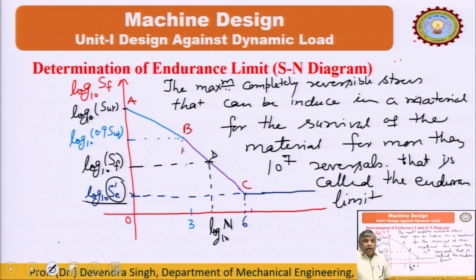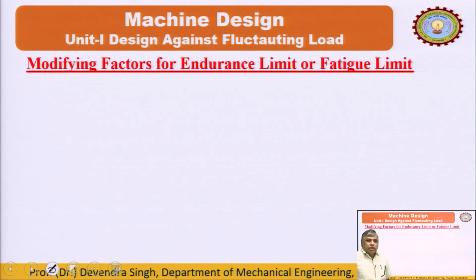So, in real time we have to use some modified strength, because there are a number of factors which can affect the strength of material, and the strength may get reduced. So, we have to modify the endurance limit to use it in our design to make our design safe and to face the unprecedented situation also.